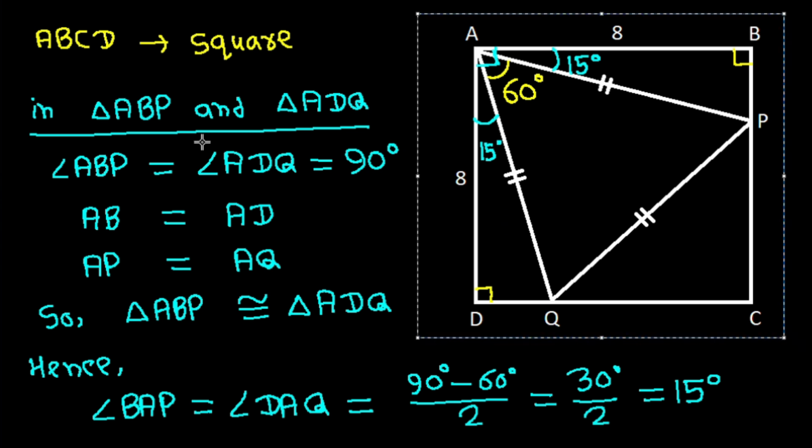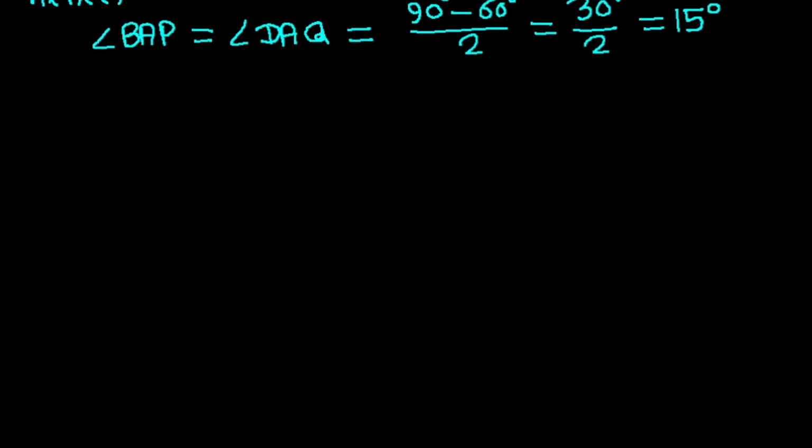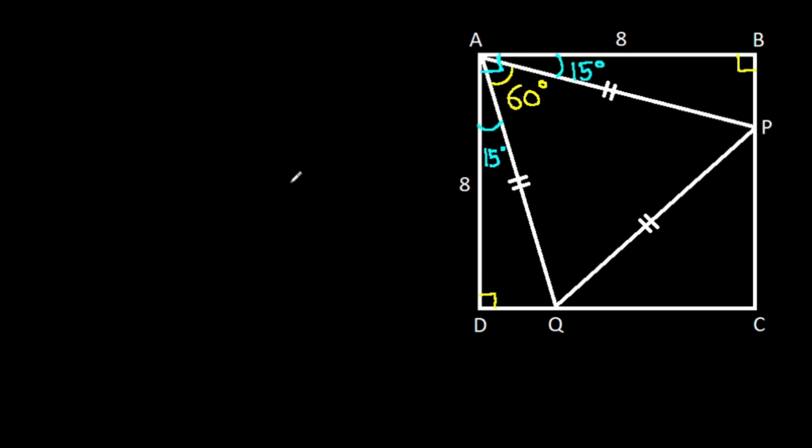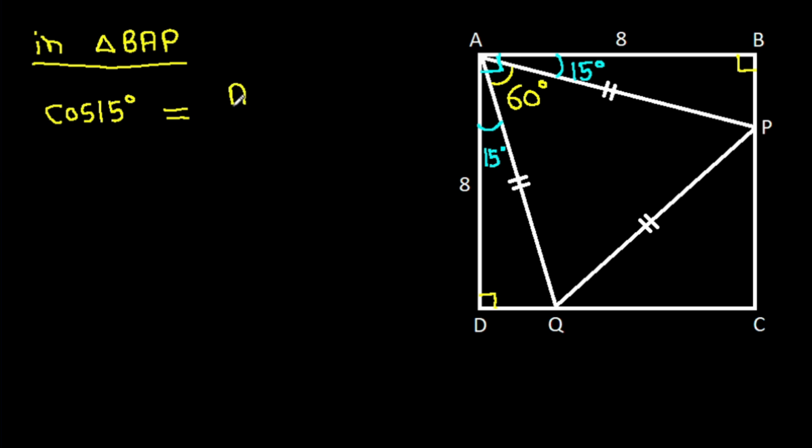And now in triangle BAP, cos 15 degrees will be AB over AP, and cos 15 degrees is equal to AB, which is 8, over AP.